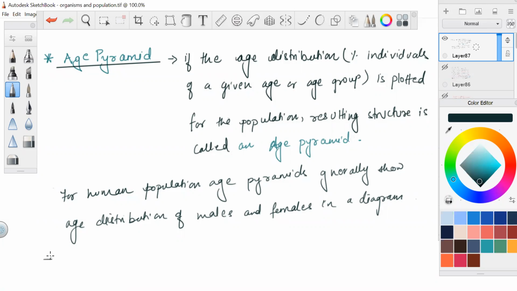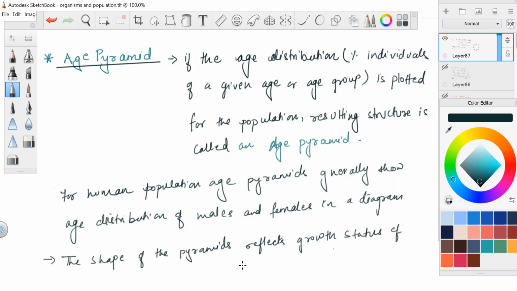The pyramid drawn will have some shape. So the shape of the pyramids reflects the growth status of the population.